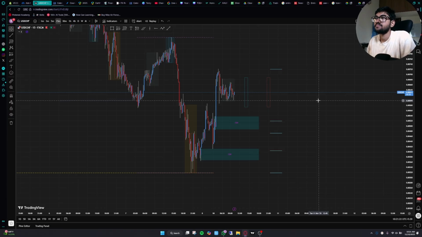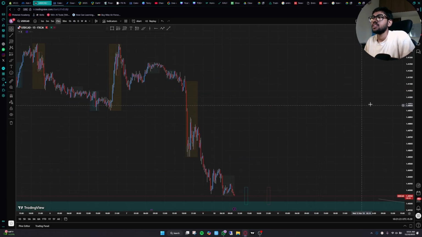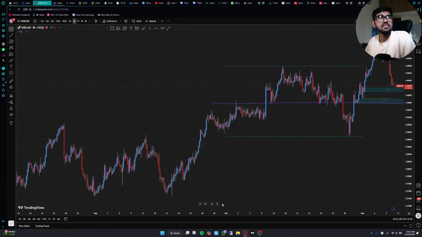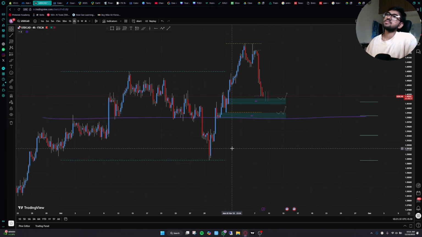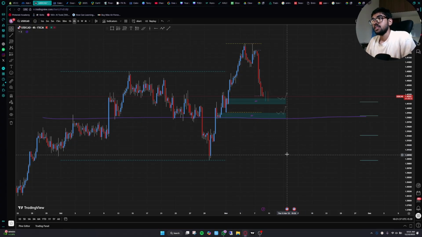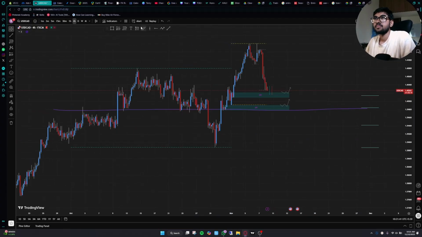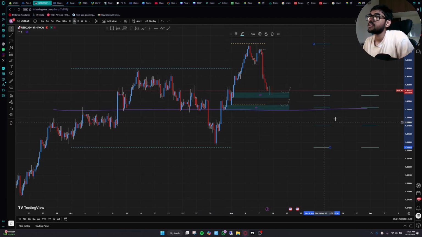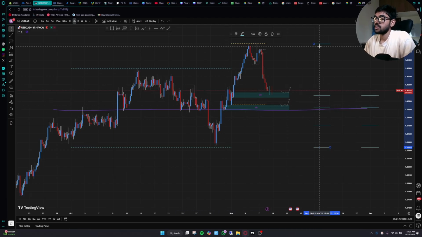All right, coming on to USD CAD. So USD CAD, we are on the buy. All right, so we are on the buy. There are two particular regions that I would like to enter from. All right, let me take a flip from this. Okay, this order block is valid, but this one is in the beginning.